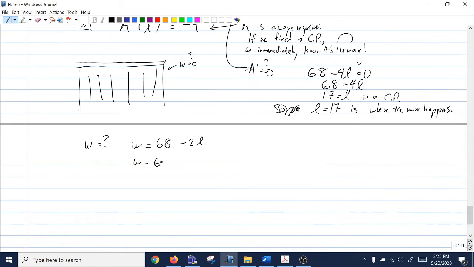I know that's 68 minus 2 times 17. I would care about the garden where we use length of 17. That's 68 minus 34, which is 34.